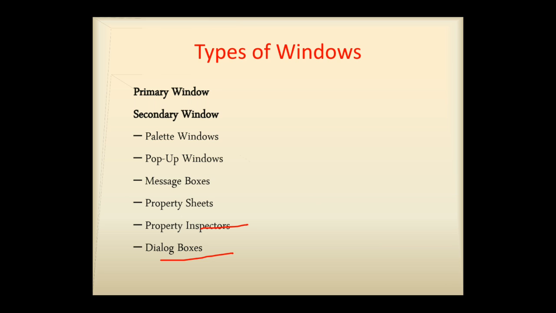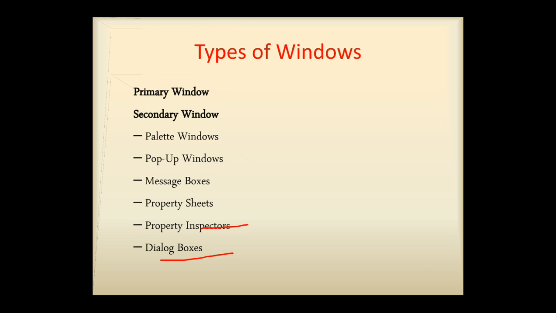We shall shortly be discussing both modal as well as modeless secondary windows. Basically, property sheets are typically modal with respect to the object for which they display the properties. It is displayed when requested from a particular selected object.